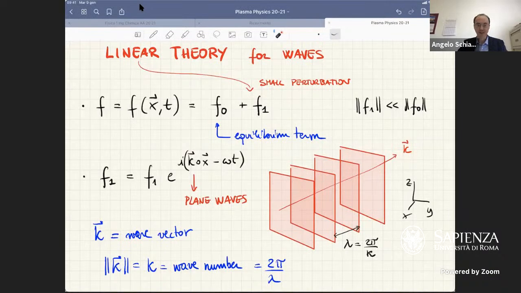So by using this function space, we can describe any wave propagating in 3D space.